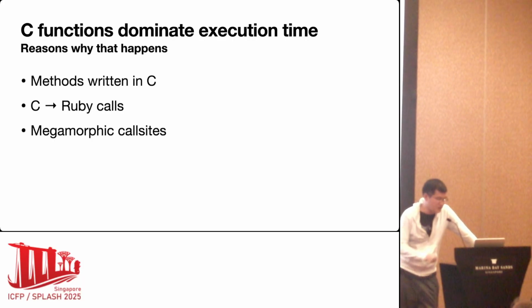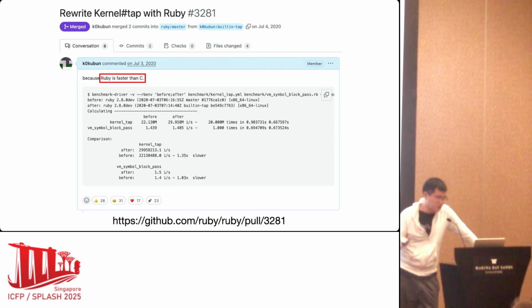The approaches we are thinking of: one of them is, of course, rewriting things in Ruby. When things are calling into Ruby from C, for example, when a method takes a block, you need to pay the overhead of crossing from C to Ruby, so in that case, even for the interpreter, it's generally faster to rewrite those things in Ruby. So in this example, we just rewrote them in Ruby.